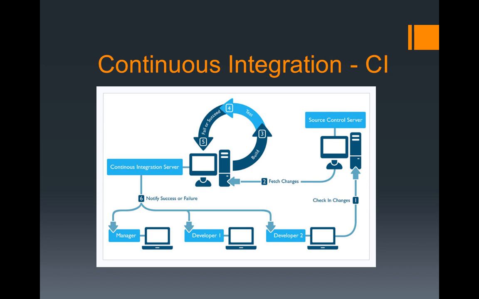In continuous integration, the developers continuously integrate the source code into the source control repository. Jenkins is configured from the repository, fetches the code, builds it and tests it. Any successes or failures are reported continuously to the managers and developers.